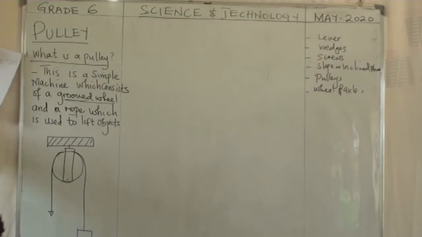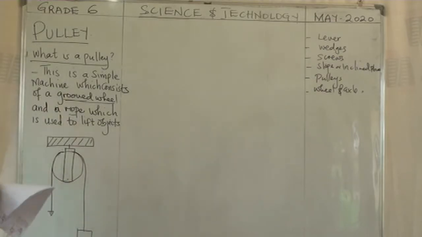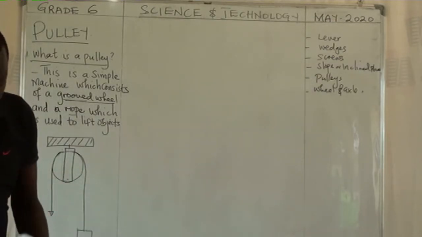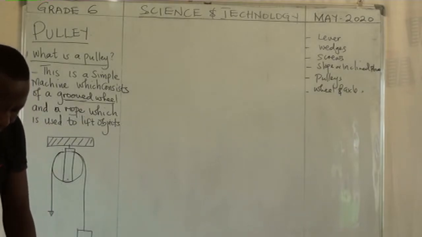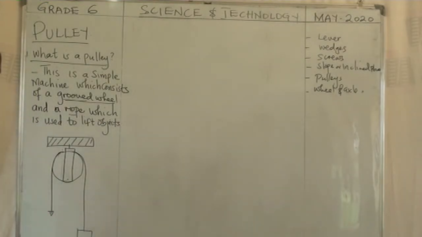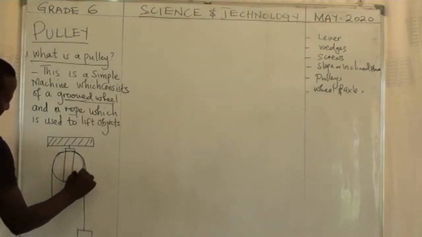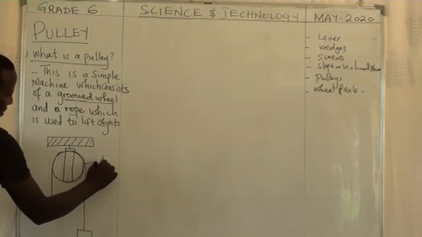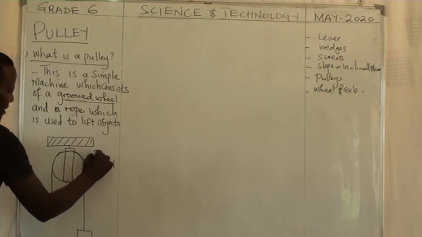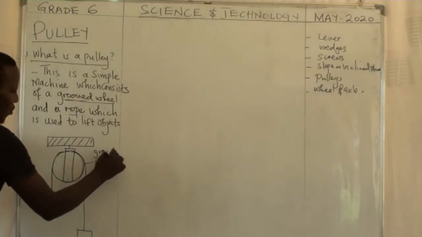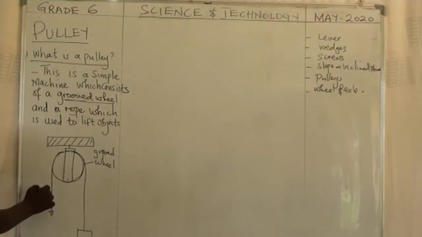This is a simple diagram of a pulley, whereby the wheel we have said earlier is this one here. This is our wheel, and we say it is a grooved wheel. This one here is our rope.